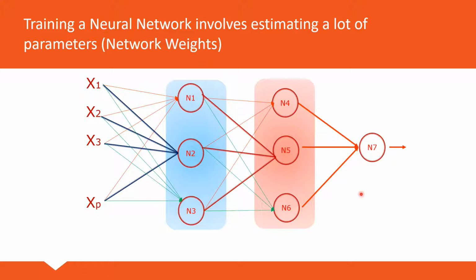It can be a squared error loss function or any other form of loss function, but we define some loss function or error function which quantifies the difference between the decisions given by the neural network and the actual values of y, and we try to estimate the weights of the neural network in such a way that the loss function is minimized. So we want to get the weights which achieve this minimization.